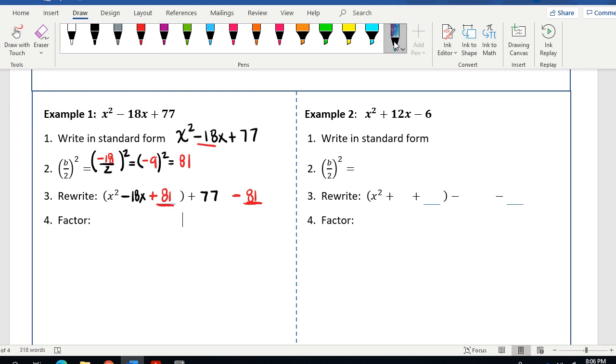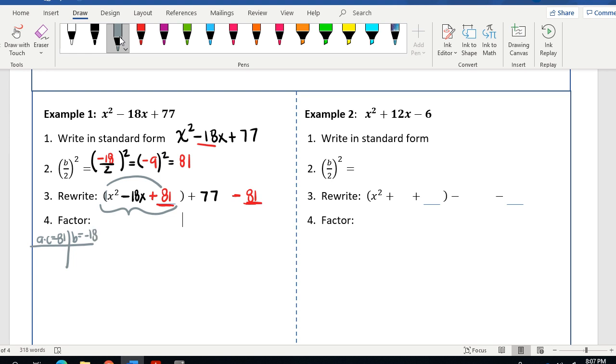Okay. Now what I'm going to do is actually factor this trinomial right here: x squared minus 18x plus 81. So I'm going to go find two numbers that I can multiply to get 81, and those same two numbers I can add to get negative 18.